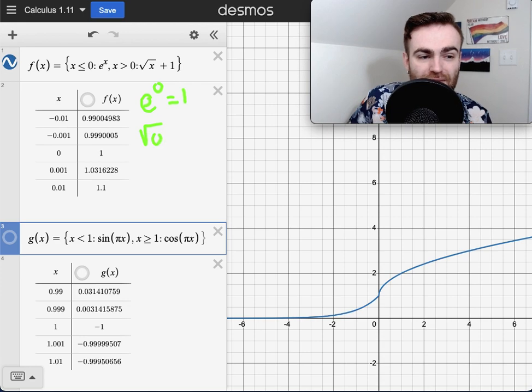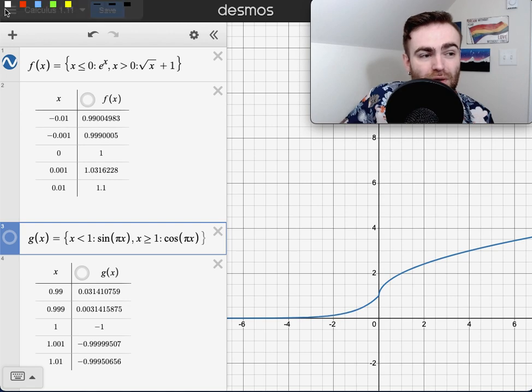The square root of 0 plus 1, well, that's 0 plus 1, also equals 1. And again, we can plug in the 0 to this function and get 1. That exists, and if we look at the graph, it looks quite continuous. There are no noticeable breaks or discontinuity at all. This is a continuous function over its entire domain.